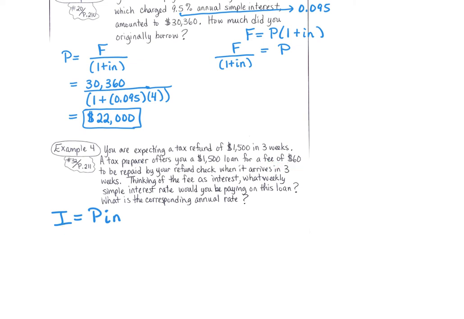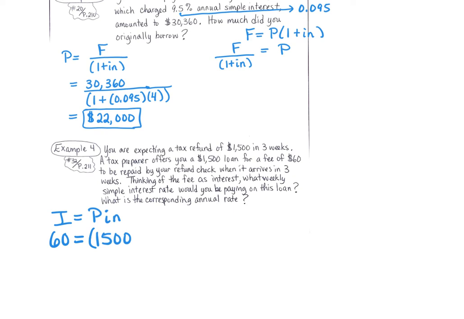So that's I. So this means 60 is equal to, now it says that you're expecting a tax refund of $1,500. So we have this $1,500 as our P. Now we don't know what the interest rate is. That's what we're trying to find. It says, what weekly simple interest rate would you be paying on this loan? So we're trying to find out what I is. But we know N though. N is 3 weeks.